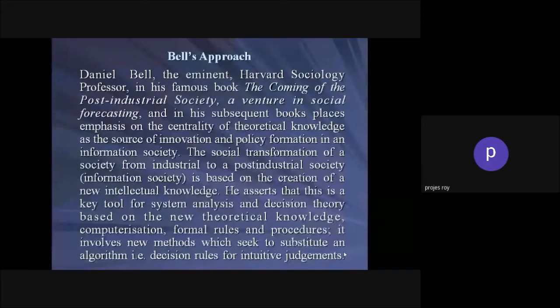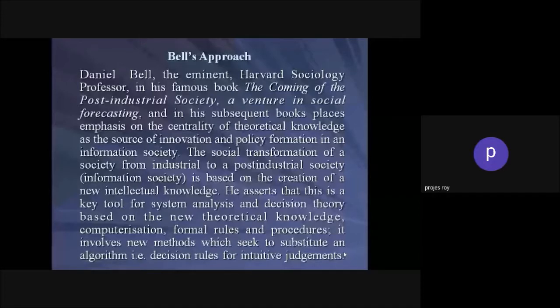He asserted that this is a key tool for system analysis and decision theory based on the new theoretical knowledge: computerization, formal rules and procedure. It involves new methods which seek to substitute algorithms, that is decision rules, for intuitive judgment.